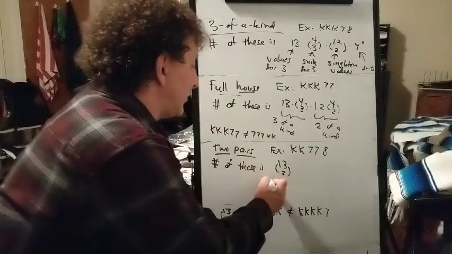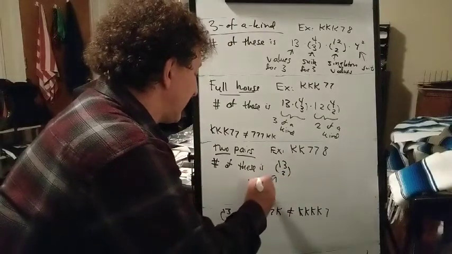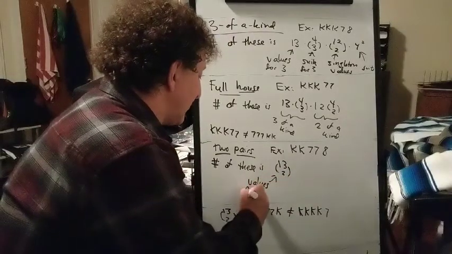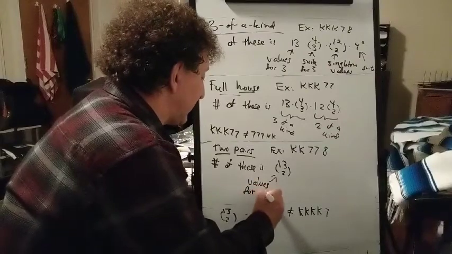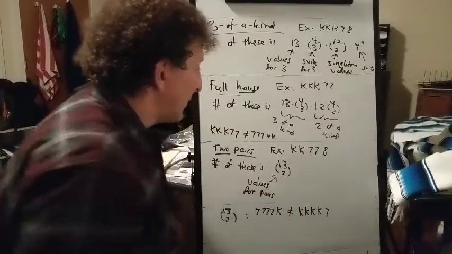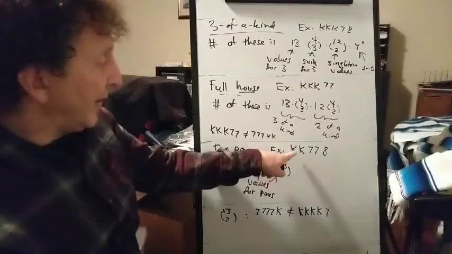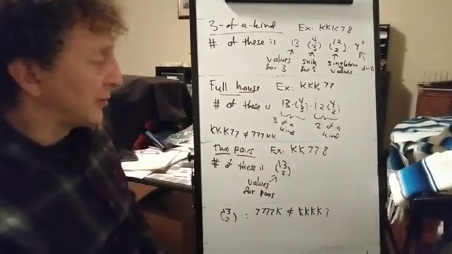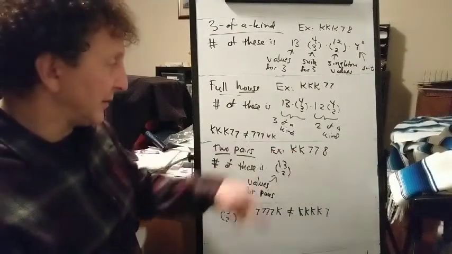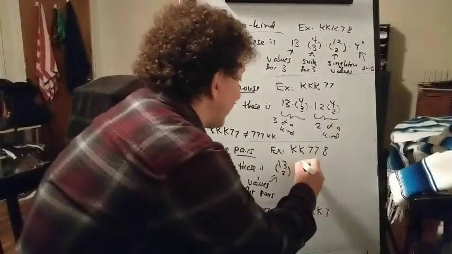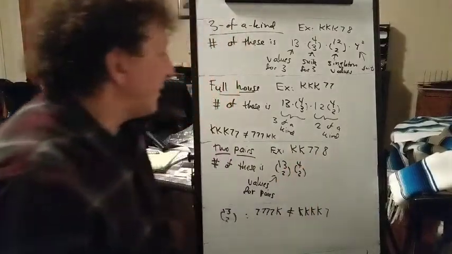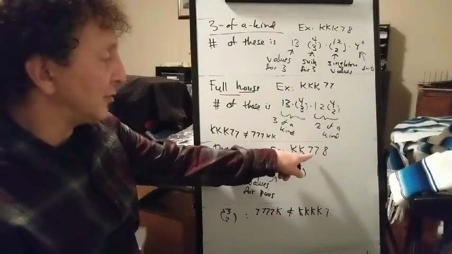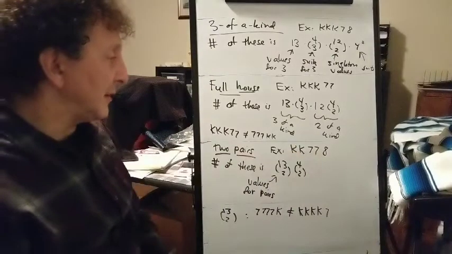So 13 choose 2 values for the pairs. And then 4 choose 2 ways to choose the 2 suits of these cards, like the kings. So 4 choose 2, and then 4 choose 2 again, ways to choose the 2 suits for these cards.